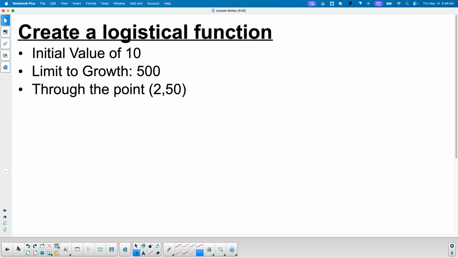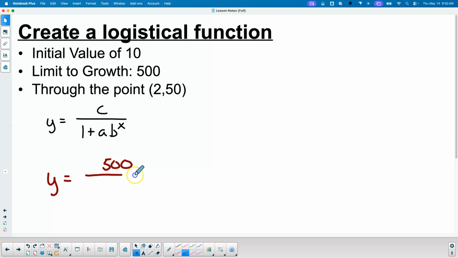Create for me the logistical function given those conditions. So my initial value of 10 would be the point 0, 10.